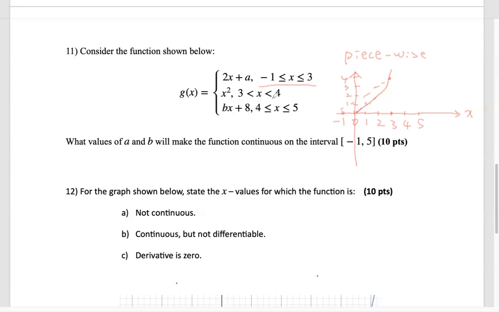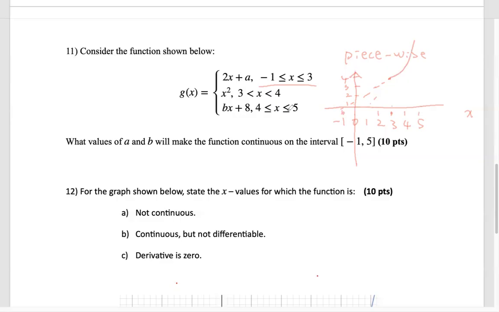It's a parabola, from 3 to 4. So we do not have this part; only from 3 to 4 does it act like that.